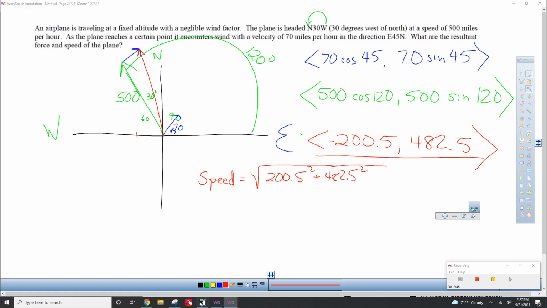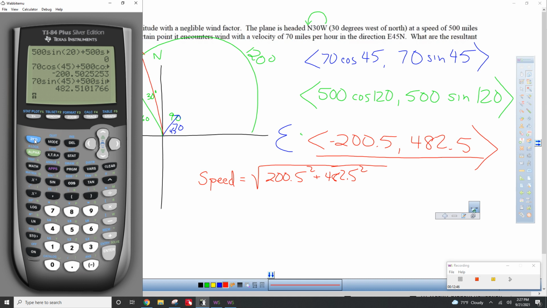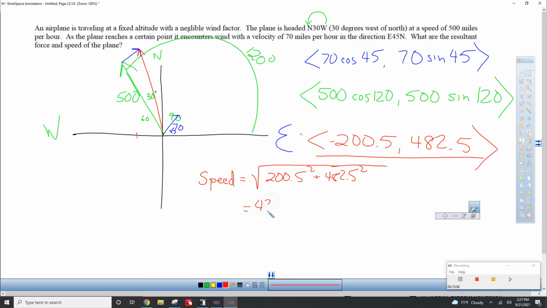So we'll go back into this. Second square root, that squared plus that squared. The negative will get canceled by the square, and you get the speed is 438.8 miles, I'm sorry, that's miles per hour.